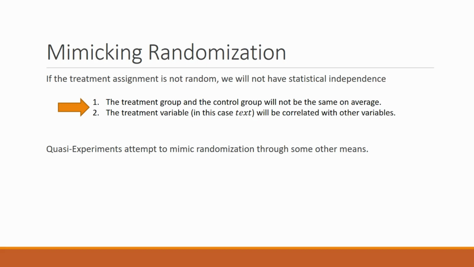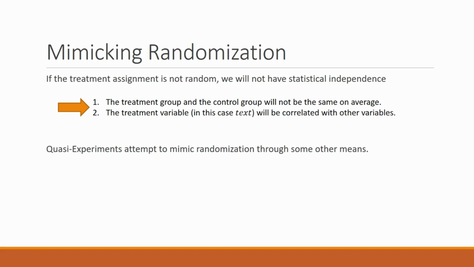And this treatment variable, this text variable, will be correlated with other variables. You know, probably students that have more income are more likely to own a textbook, and so the textbook variable will be correlated with income. And probably students that are more highly motivated for their education will be more likely to own a textbook. And so the textbook variable will be correlated with students' commitment or motivation level for their education.